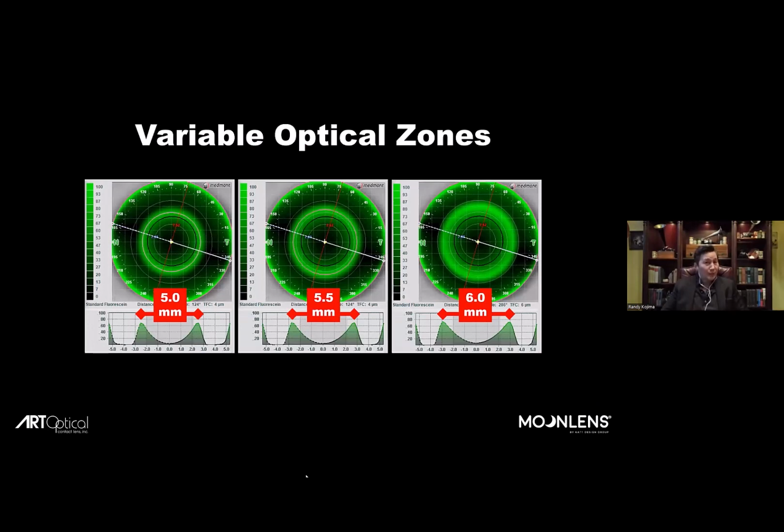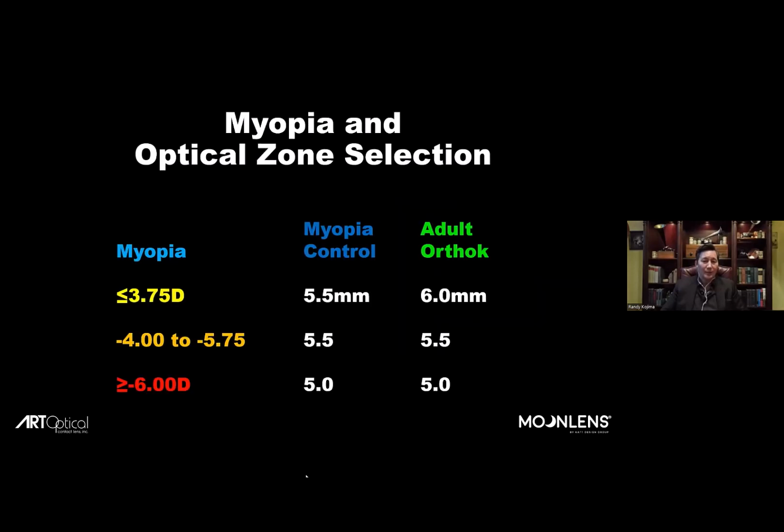Now, the base curve is important, but remember the optic zone is also super important. So we're going to choose the optic zone appropriate for that particular case. And the way that's done is using this simple chart. Actually, the software does all this, but we'll get to that.